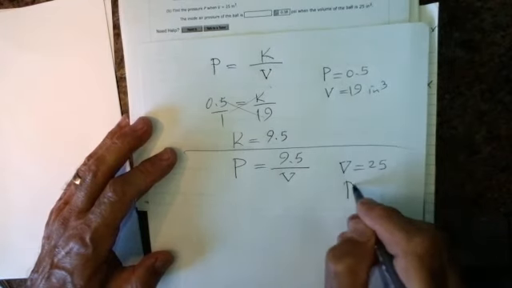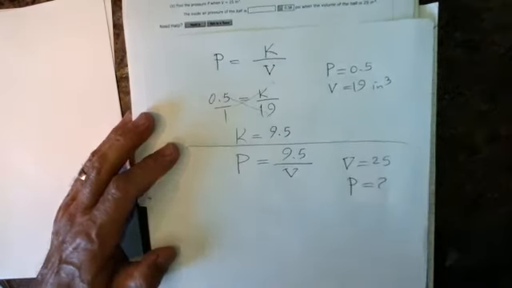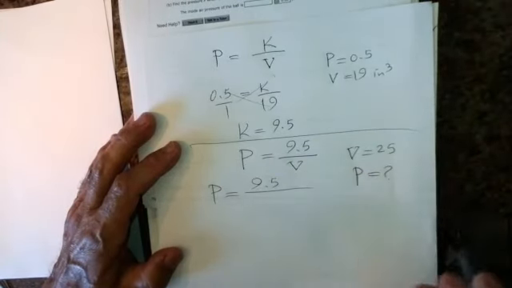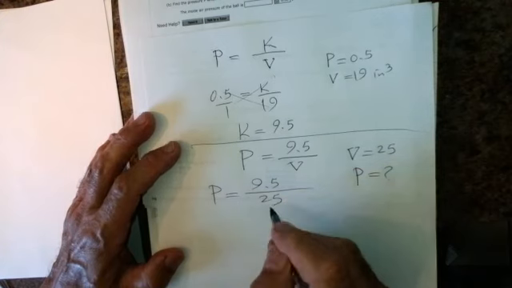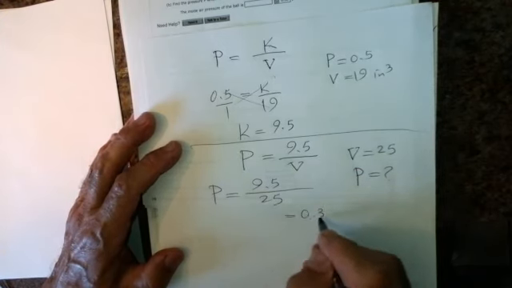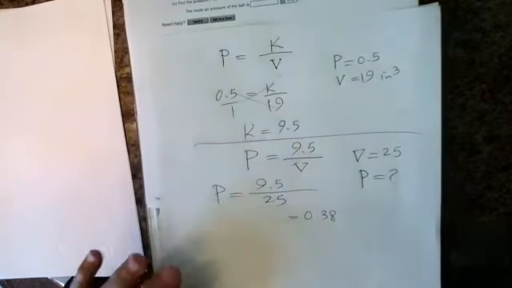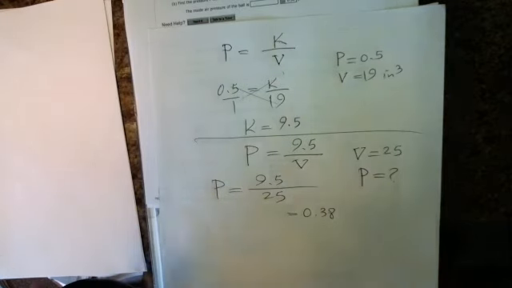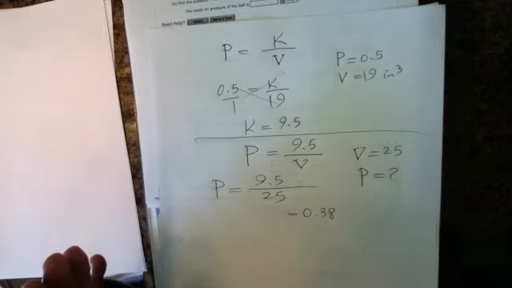How do you calculate the pressure? So that would be 0.38. Okay, so again, these problems are all very similar. It's just you got to remember direct proportion versus inverse proportion.